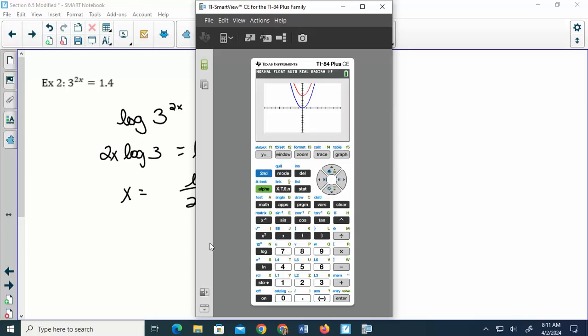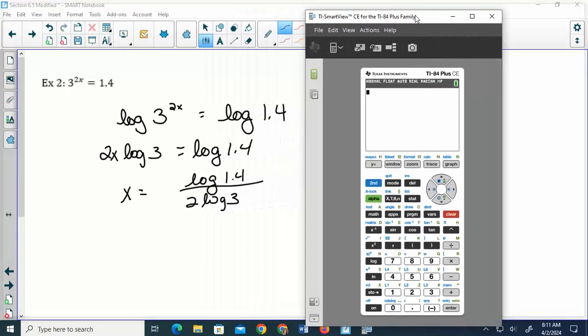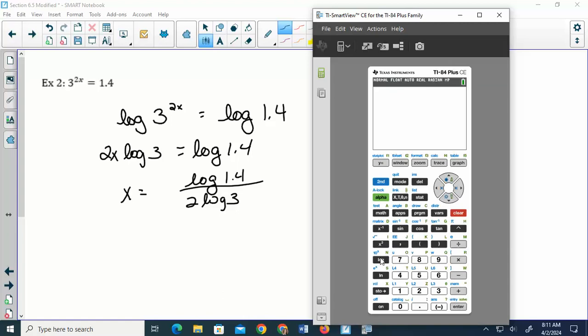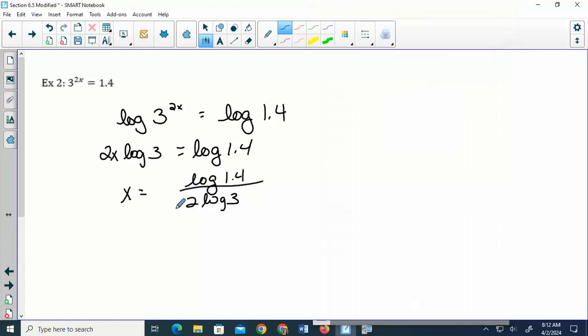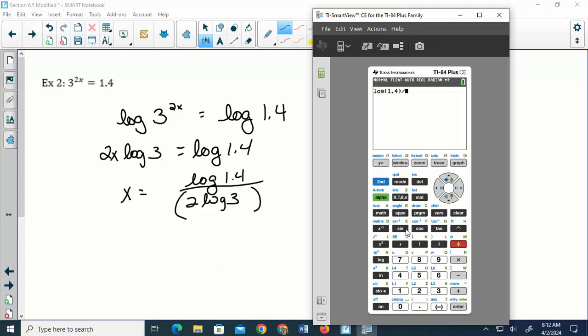If you go to put this in, so we have log, it opens a parenthesis 1.4 divided by, since I have two things on the bottom, I would have to add a second set of parentheses around this whole thing. So we're going to log, it opens a parenthesis for my 3 and then I have 2 of them to close.